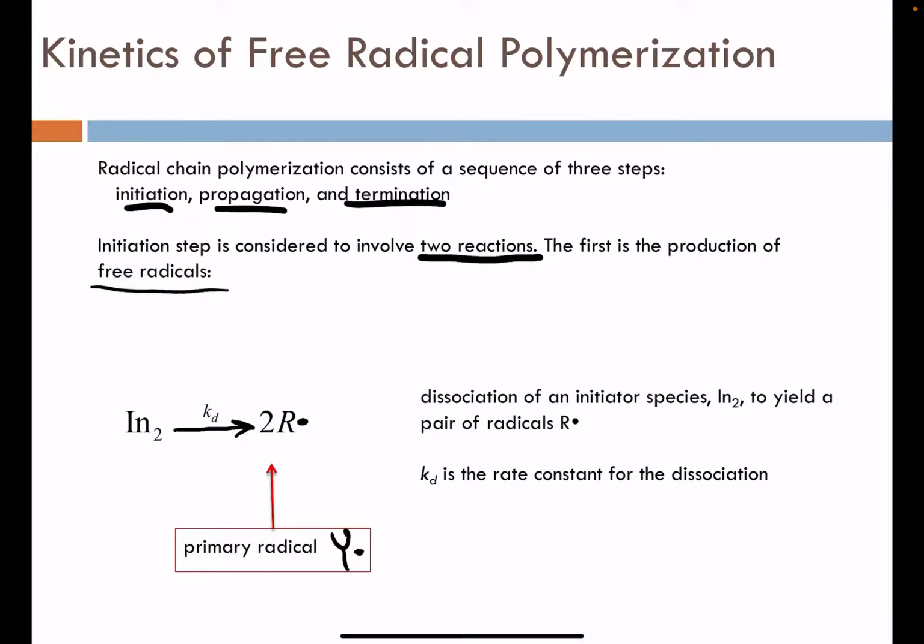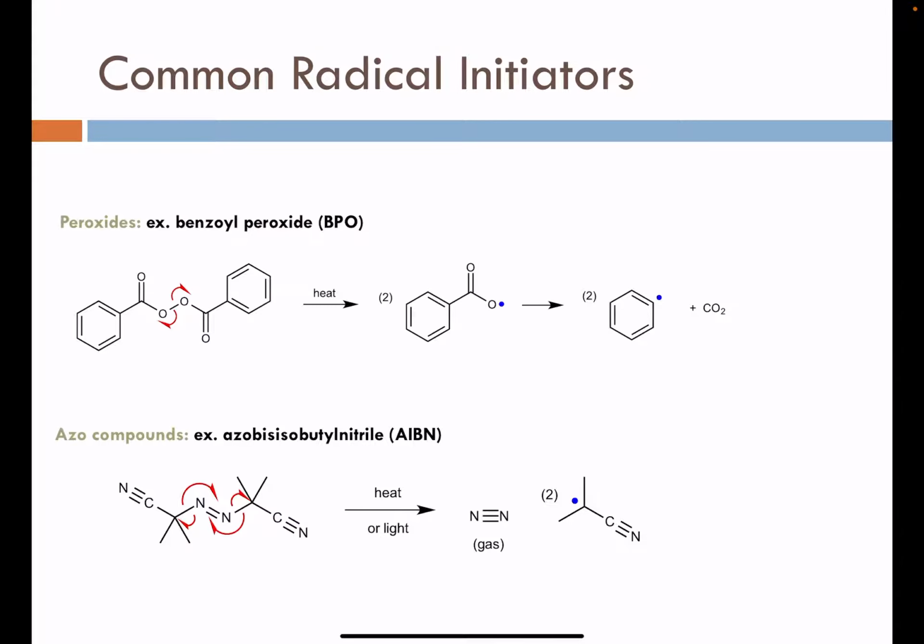Okay, so the dissociation of the initiator species yields a pair of radicals typically, and the rate constant for this reaction is shown as lowercase kd, for the dissociation kinetics and equations there.